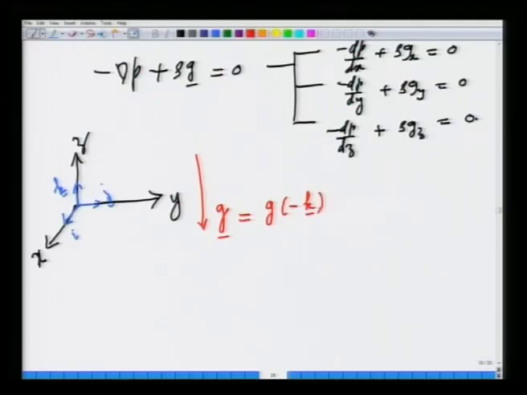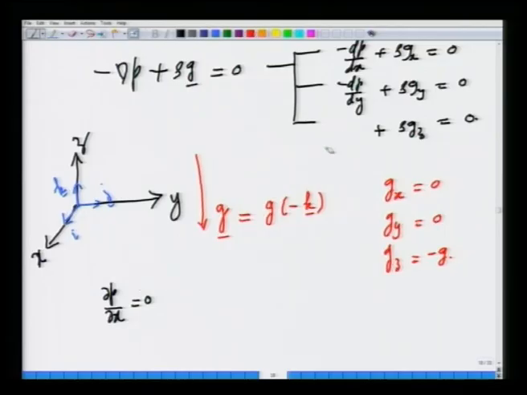That means that gx is 0, gy is 0, gz is minus g. Okay. So, one can simplify these equations to write partial p partial x is 0. I am sorry, all these are partial derivatives because we are looking at variations in all the 3 directions.